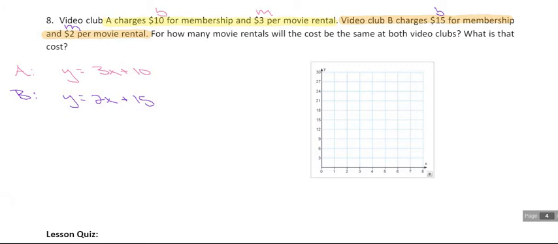So let x equal number of movies. So we'll put that on our x-axis. And the y value talks about our total cost in dollars.